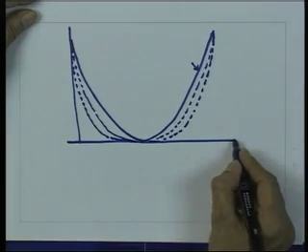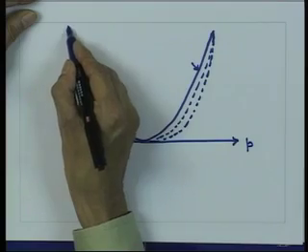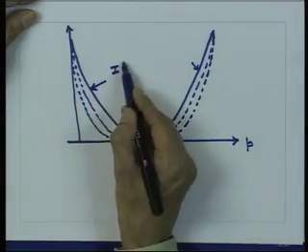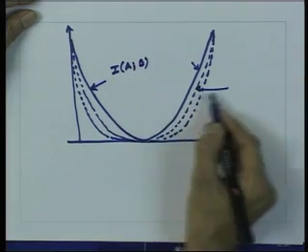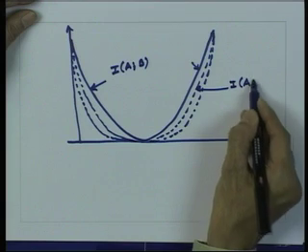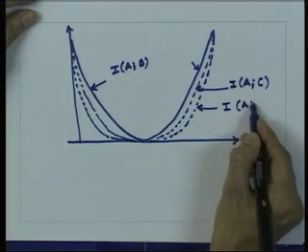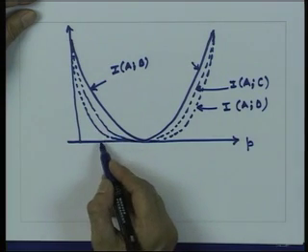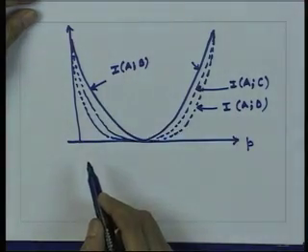So, on the x axis we have P, and on the y axis we have the mutual information. This is IAB, this is IAC, and finally, this is IAD. So, from this it is clear that for a given probability of error P, IAD is less than IAB.